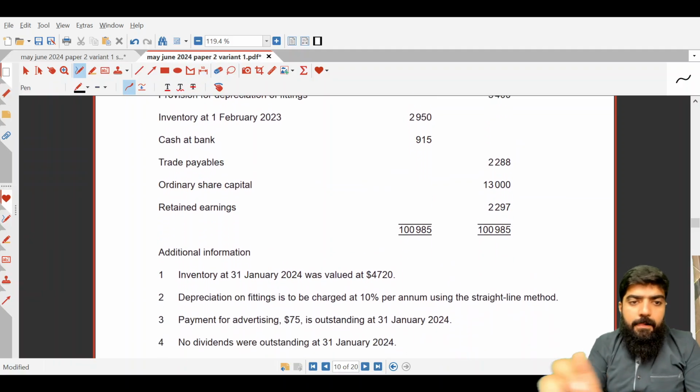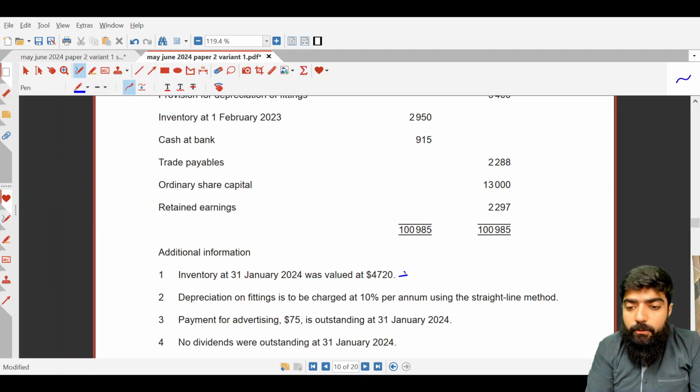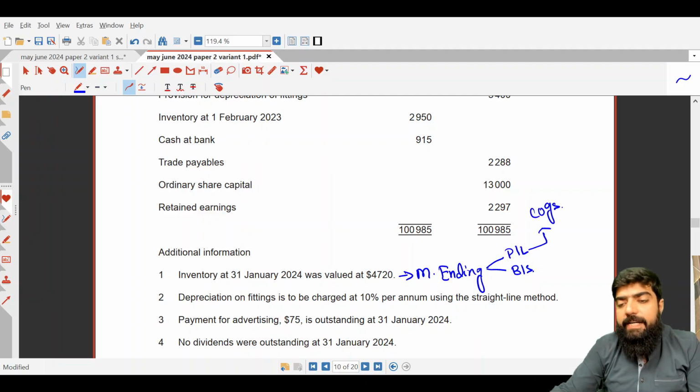Okay, so if you just see, we have adjustment number one, that is related to ending inventory, that is merchandise ending. And we know that this merchandise ending will be included in the P&L as well as in the balance sheet. In P&L we will prepare the cost of goods sold, right?